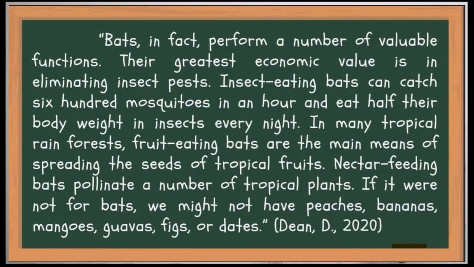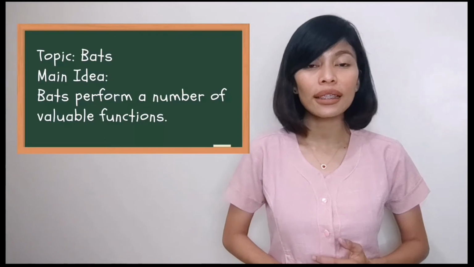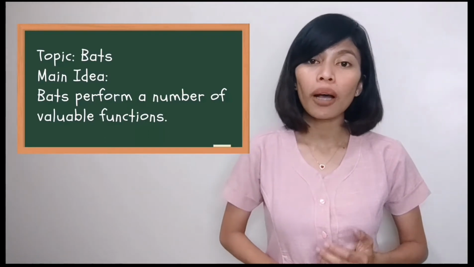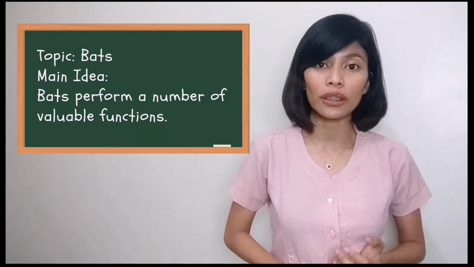So what are the topic and the main idea of the text? Exactly! The paragraph focuses on bats, and the main point of the paragraph is the bats perform a number of valuable functions. This is the most important thought about the topic.